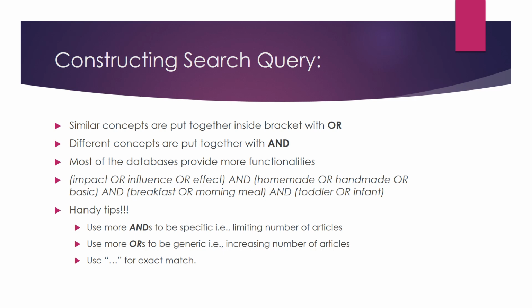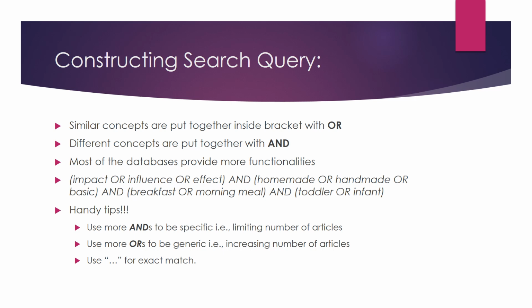Here similar concepts are put together inside a bracket with the keyword OR, which is not case sensitive, and different concepts are put together with AND. Most of the databases actually provide more functionalities than just simply AND, OR. And you can see I have constructed a query from the concept map.